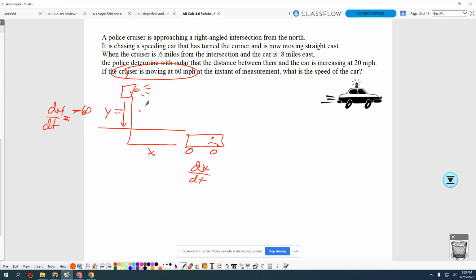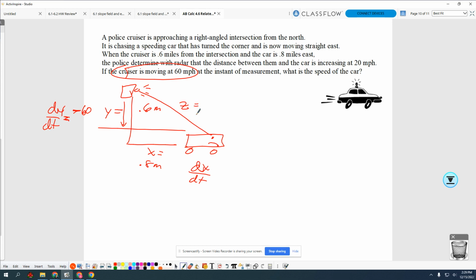The cop car was 0.6 miles from the intersection when the bad guy car was 0.8 miles. Is y changing? Is x changing? They're both changing. They're telling us something about the distance between the two cars, exactly like radar. Is that distance changing? Everything is changing.